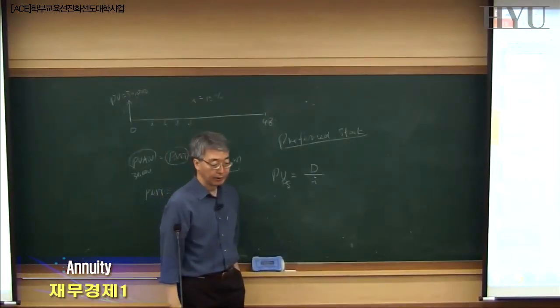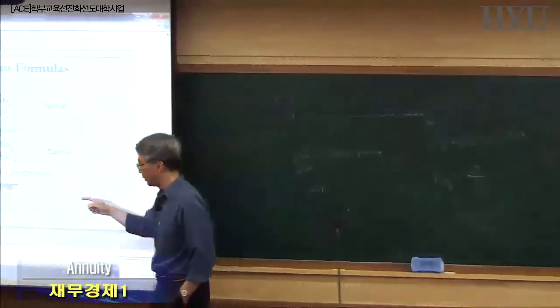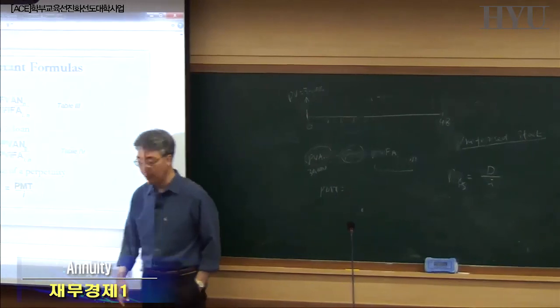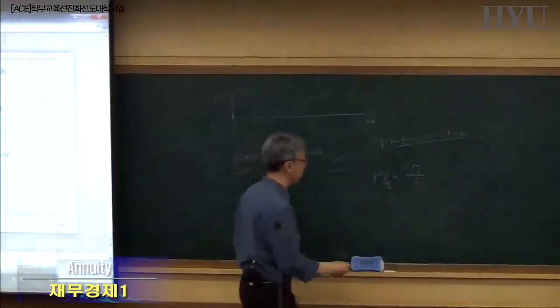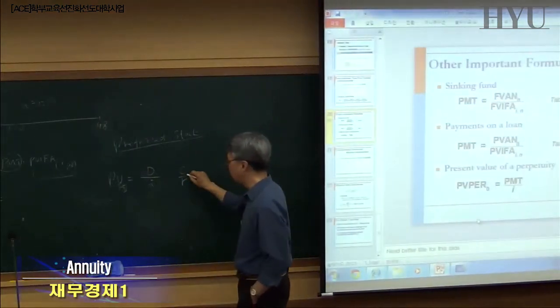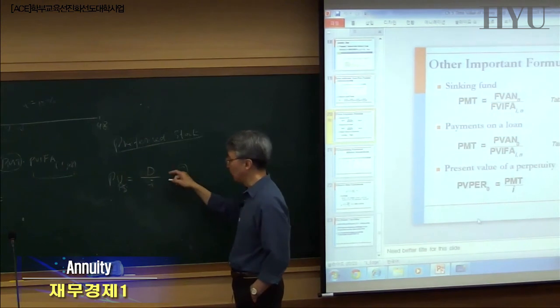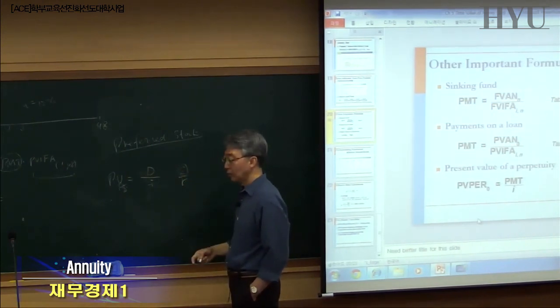In one of the previous slides, I showed you how this formula came about. At that time, the formula was C over R, the cash flow divided by the interest rate. The same thing as D over I, dividend payment over interest rate.